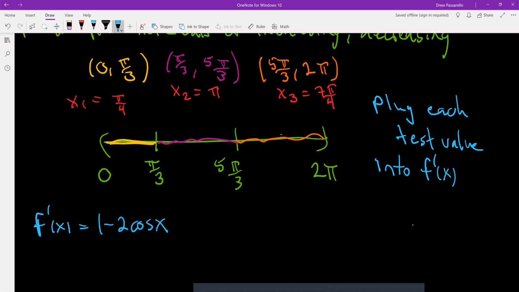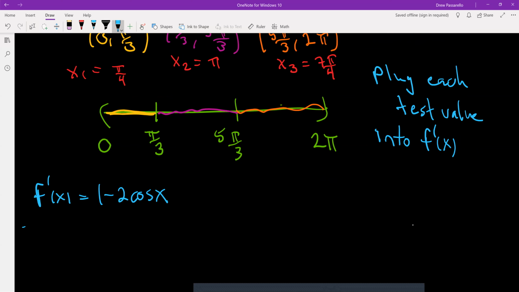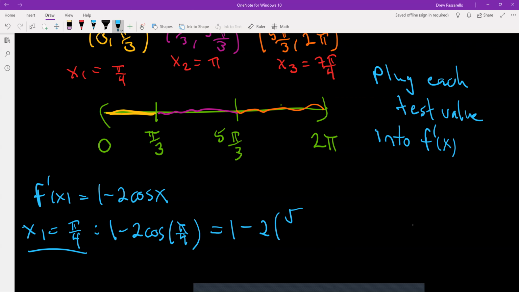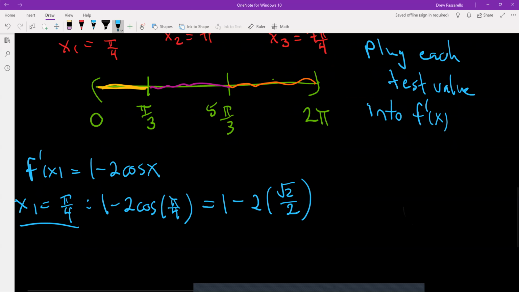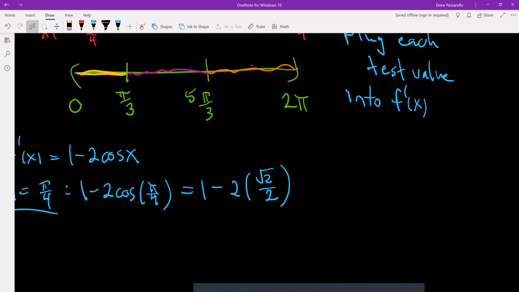All right, so the first value is pi over 4. That's going to be 1 minus 2 cosine of pi over 4. So that's 1 minus 2 times the square root of 2 over 2. One minus square root of 2, and the point is that it's going to be negative. We only care about the sign. So this is going to be negative.